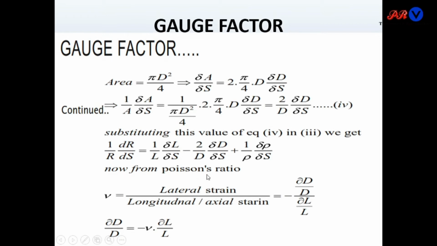Now from the Poisson equation, the Poisson coefficient is lateral strain by longitudinal strain, which is equal to delta d by d divided by delta L by L. From this relationship, we get delta d by d equal to minus nu into delta L by L, and we put this value here.